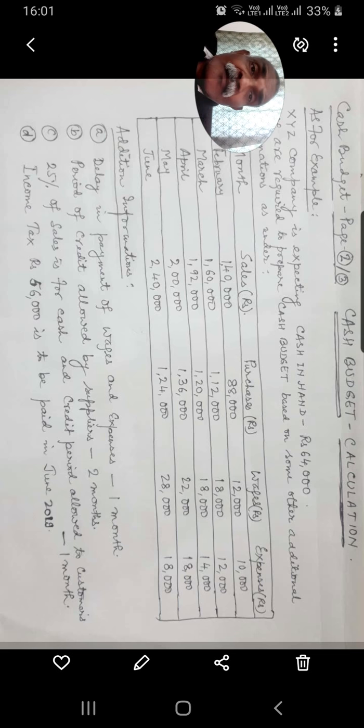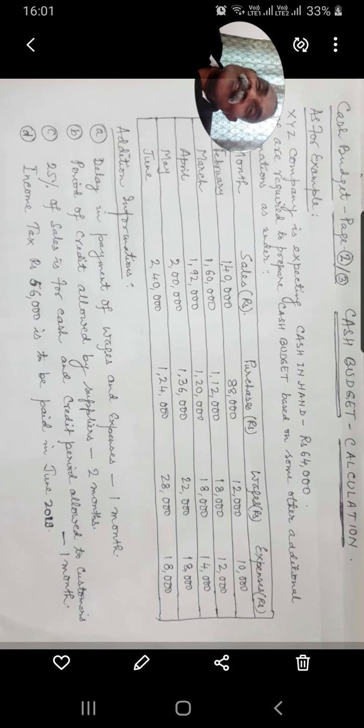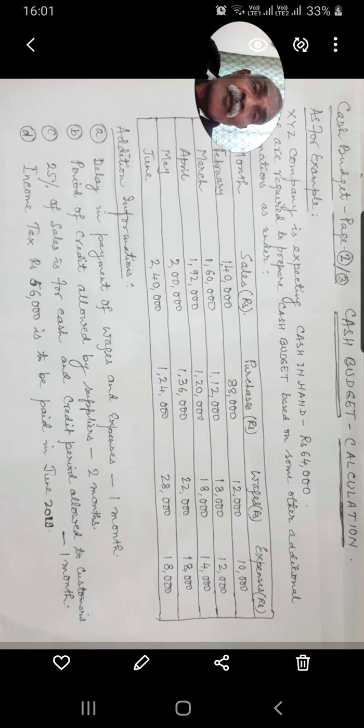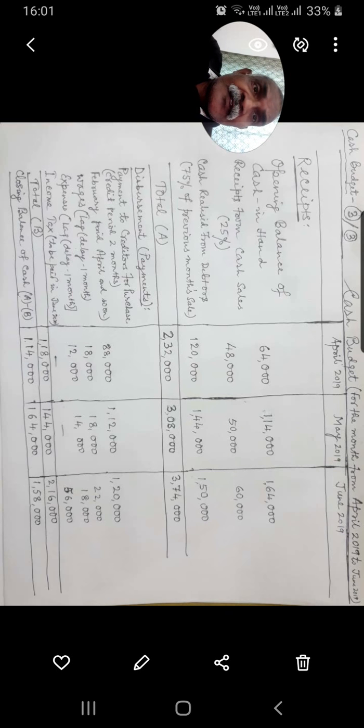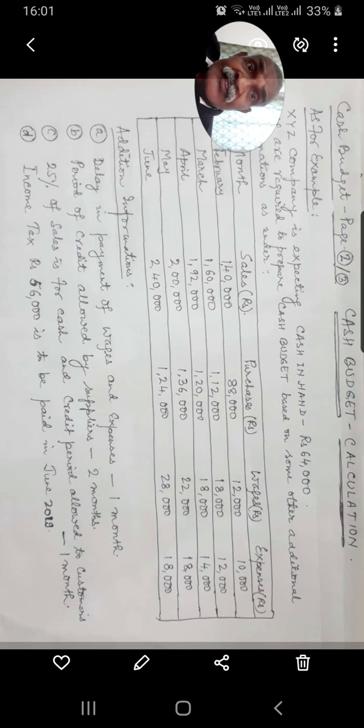So in the month of April, you will collect cash of which month? Of the credit sale of March. Okay, March. So 75% of the sale of March. First of all, 25% of sale is on cash basis.